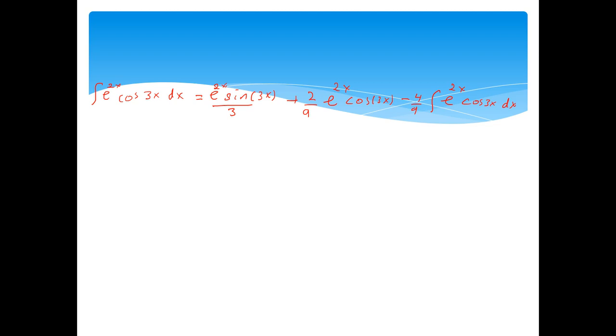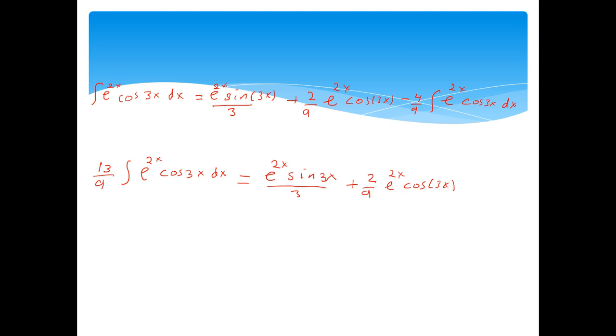And then if we take this to this side, we're going to have 13/9 of e to the 2x cosine 3x dx equals e to the 2x sine of 3x over 3 plus 2/9 e to the 2x cosine of 3x.